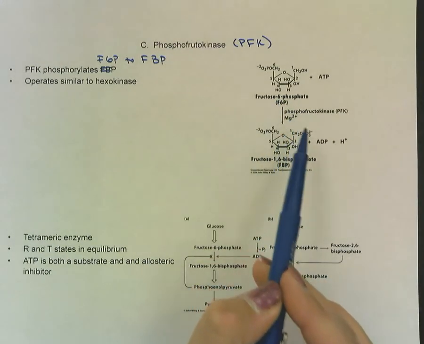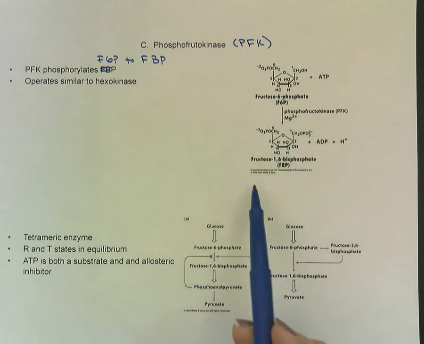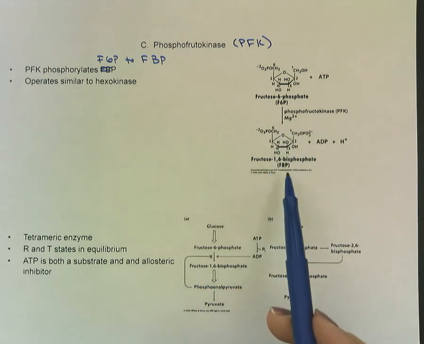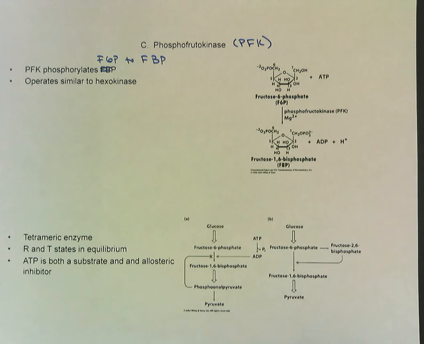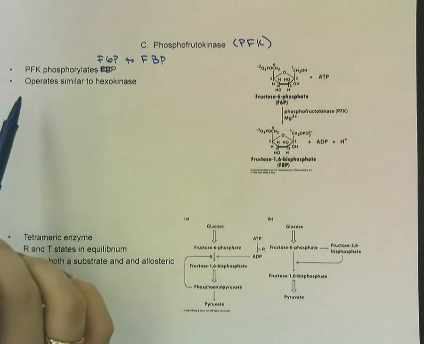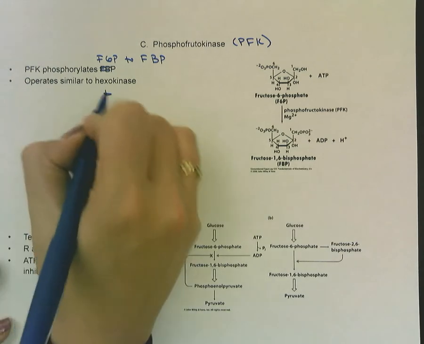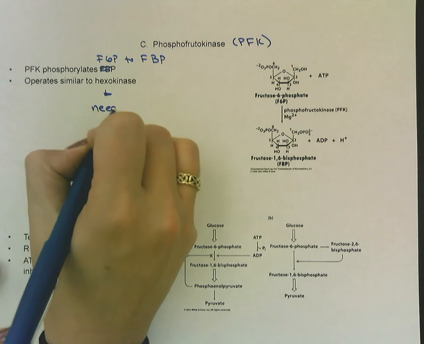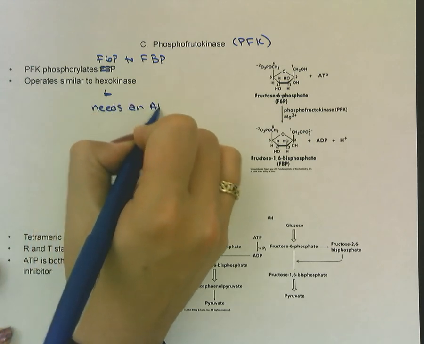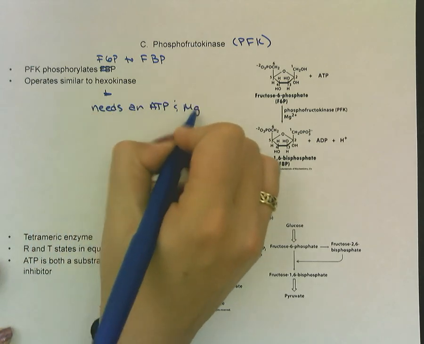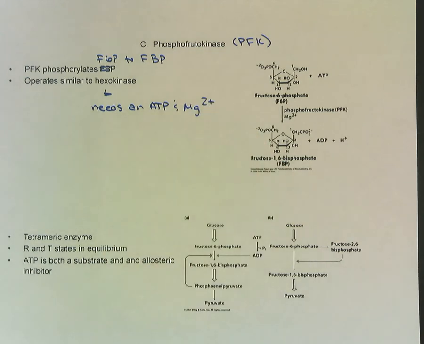In the presence of phosphofructokinase and some magnesium, we get fructose 1,6-bisphosphate. Mechanistically, it operates similar to hexokinase in that it needs an ATP and magnesium 2+. Both of them are required for both those steps.